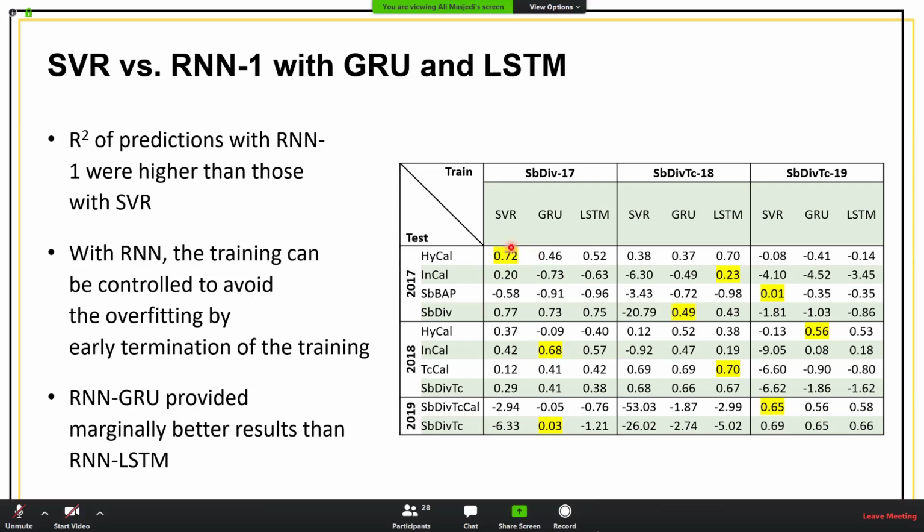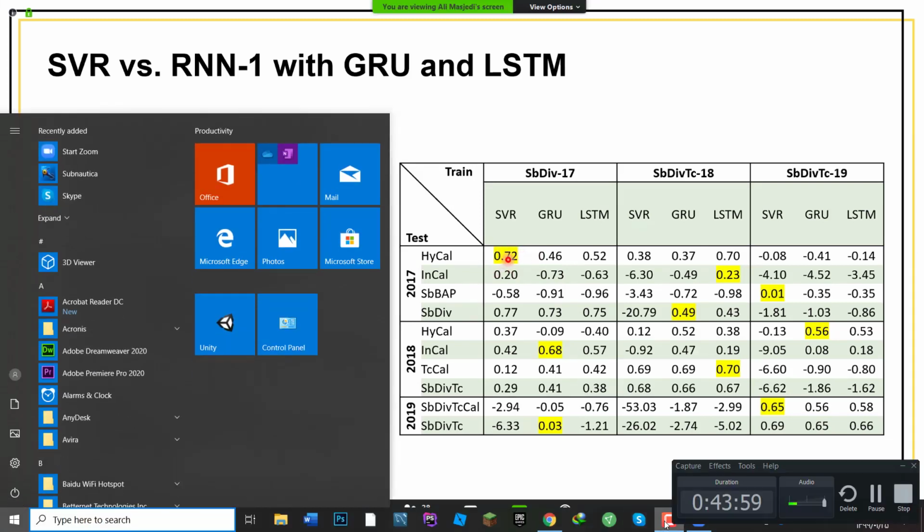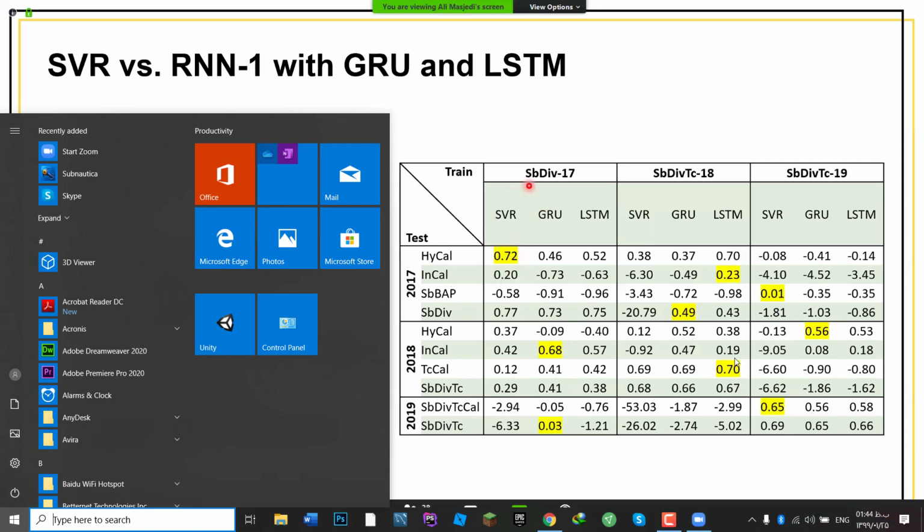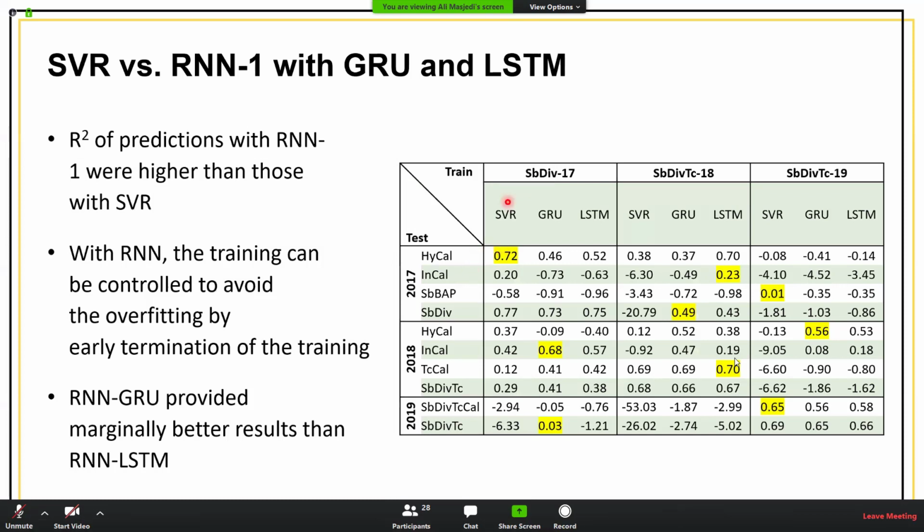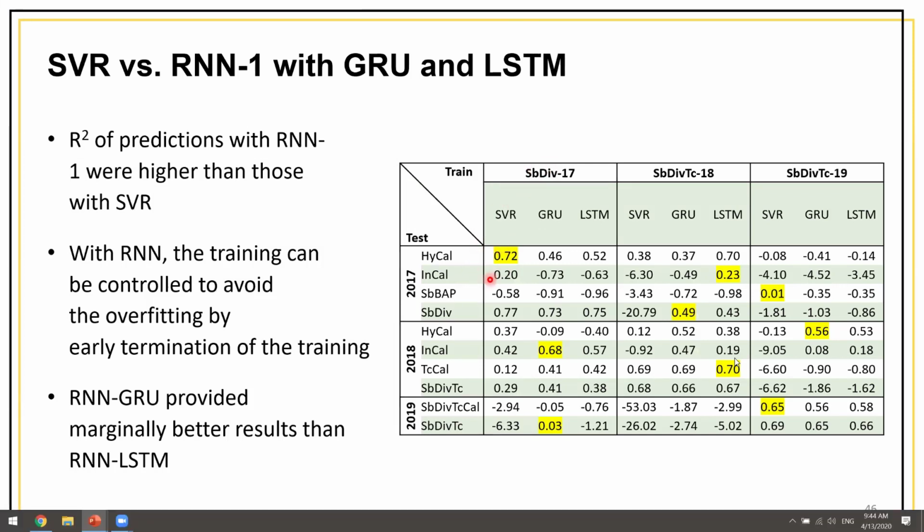And here with SVR, we got the better results, but I want to point out that here, the test and train was done on the same year, 2017. But if you look at the experiments like here, where we trained the network on SPDIF 17 and then used it for 2018, we got better results with RNN.